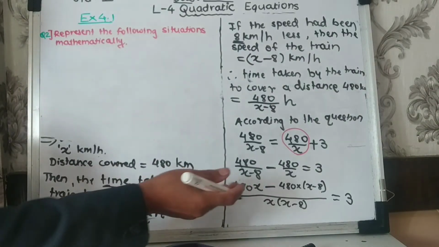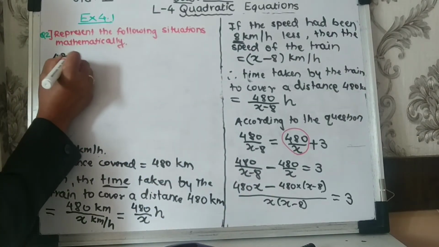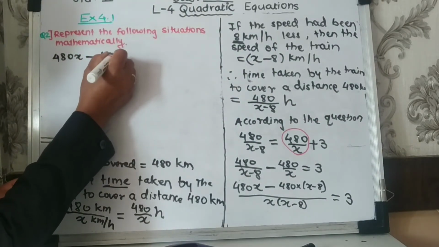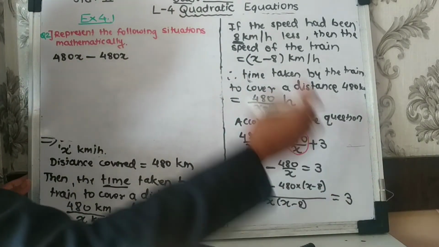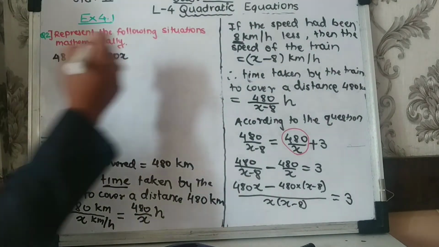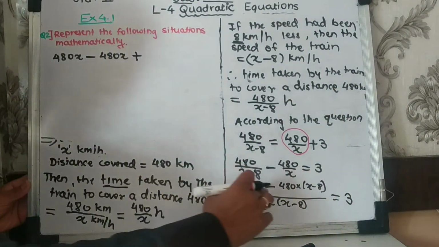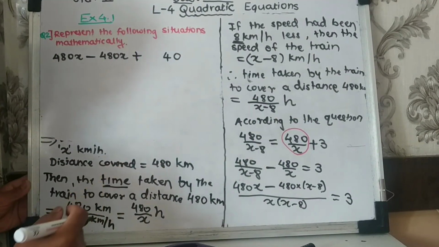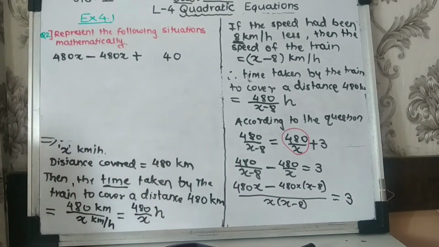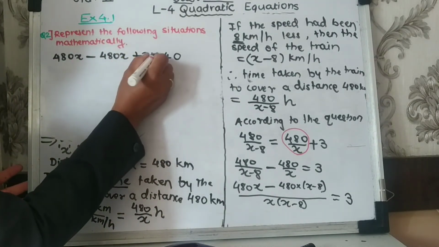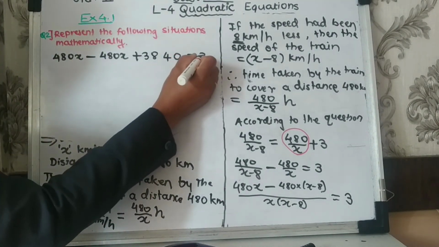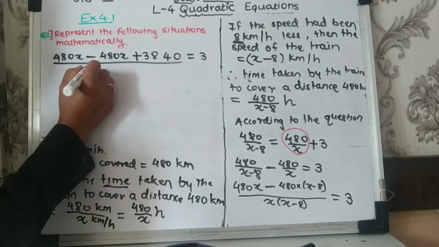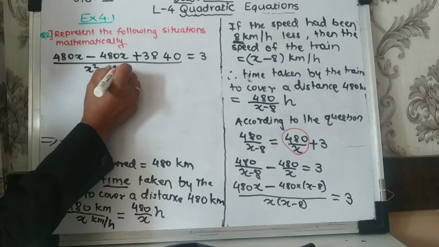Now let us solve. 480 will multiply with x, so it will be 480x, and 480 will multiply with the minus 8, so minus minus plus. 8 zeros are 8, 8 8s are 64, 8 4s are 32 and 6 makes 38. So 3840 equals 3, and the denominator multiplication is x square minus 8x.